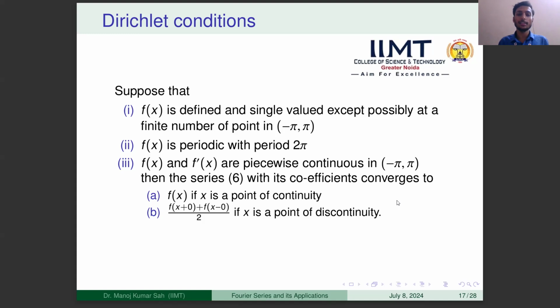Then the series 6 with its coefficients converges to f of x, in which case x is a point of continuity. In the second case B, if x is a point of discontinuity, then what will happen? This will converge to the mean value of the left hand limit and the right hand limit.